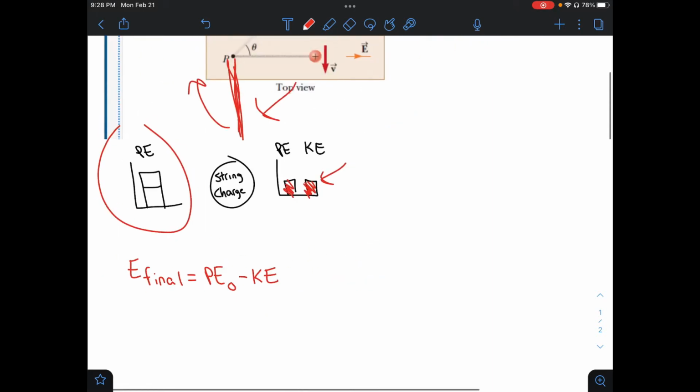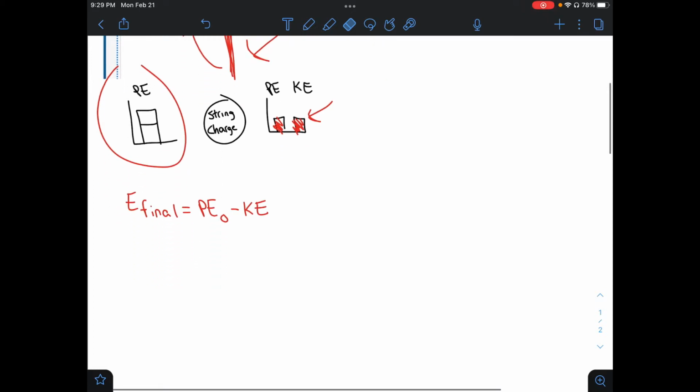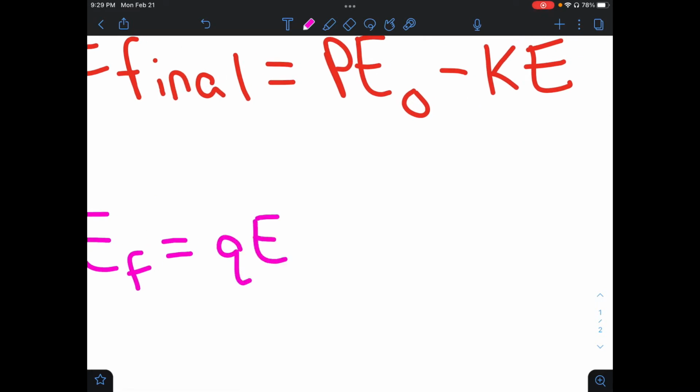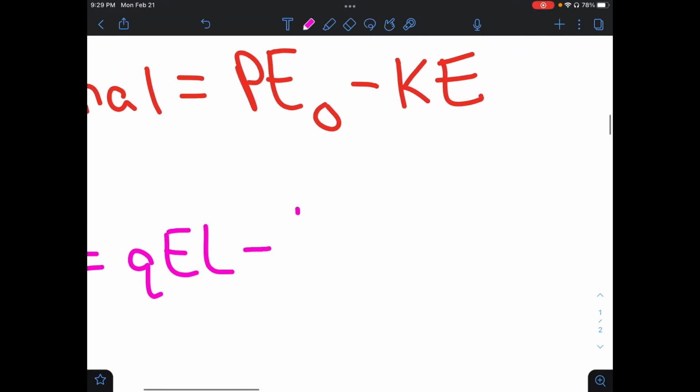It's electricity, so we won't be using mgh per se, because that's more gravity related. We're going to use that our potential is equal to the charge times the electric field times the distance. So to substitute for that, I'll just do E_f is equal to potential energy, which is charge times electric field times length, minus kinetic energy, which is 1/2 mass times velocity squared.